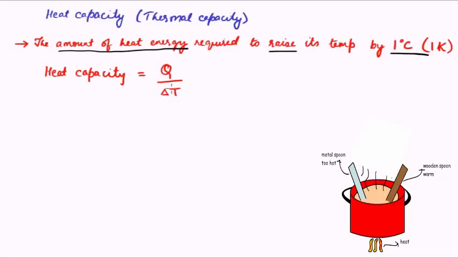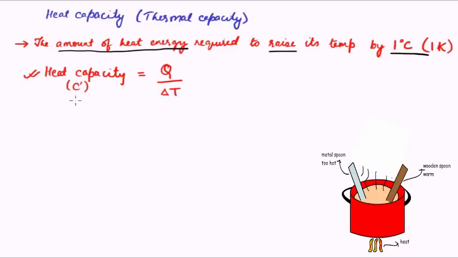That ratio will give how much heat is required to raise the temperature by 1 degree Celsius. So this is the mathematical representation of heat capacity. Heat capacity is sometimes denoted by C dash.